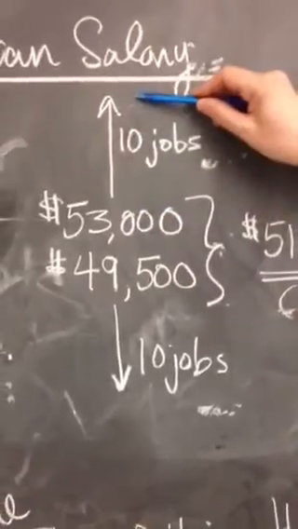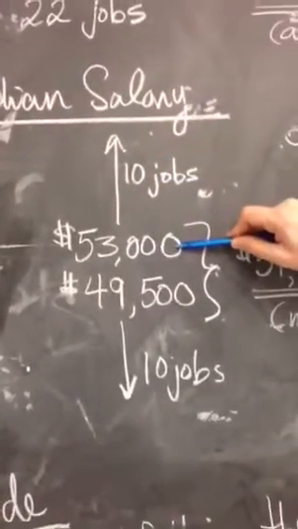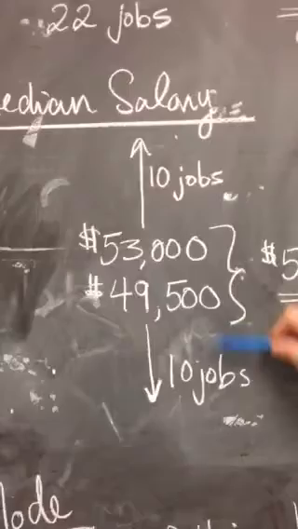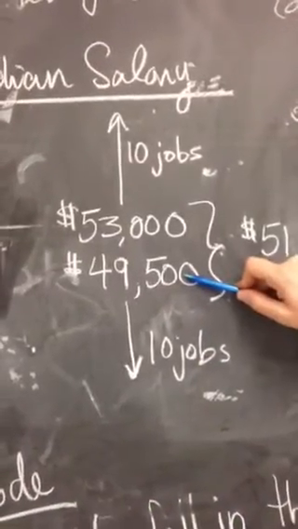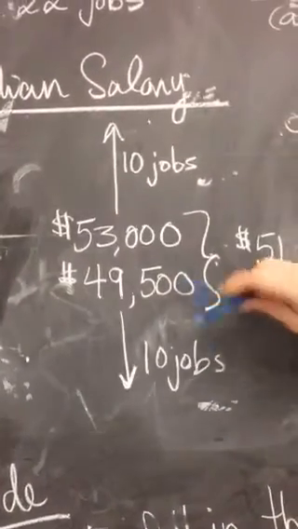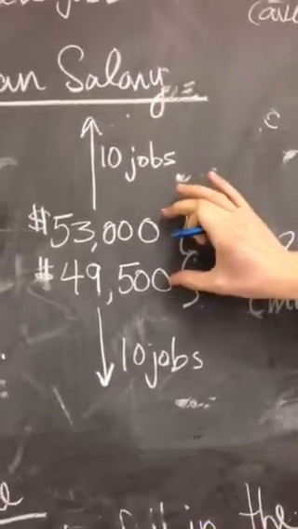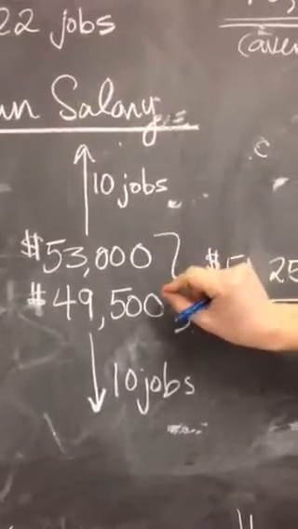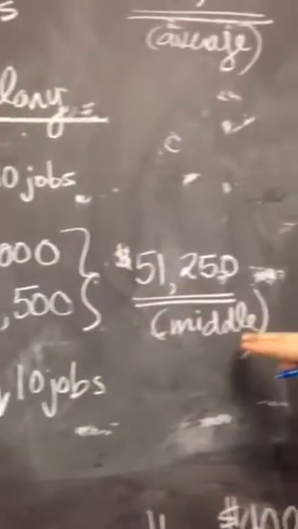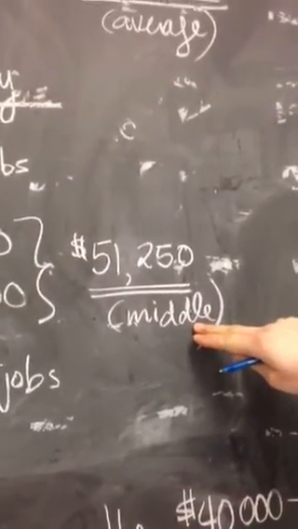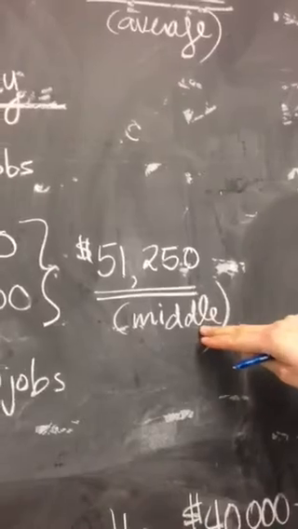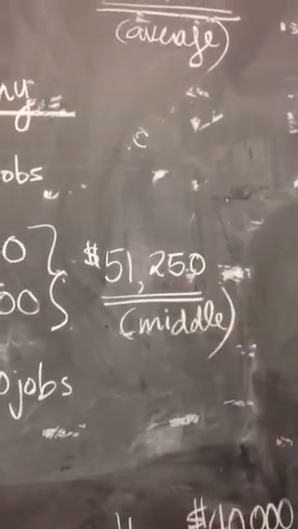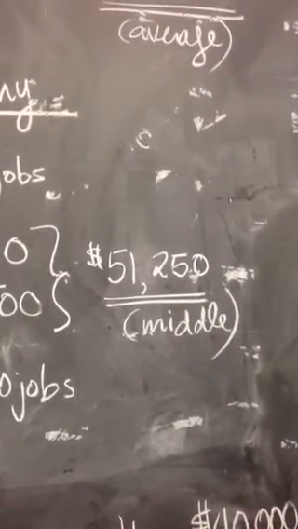Why? Because we have 10 jobs north of this 53,000, and we have 10 jobs below this 49,500. So these are right in the middle. When you take them and you add them together, divide them by 2, we find out that the median salary at Simon Enterprises happens to be $51,250.